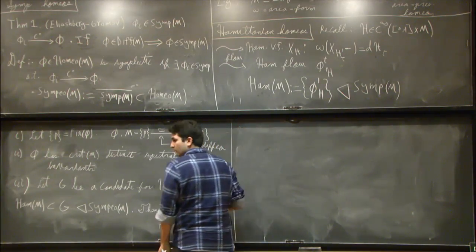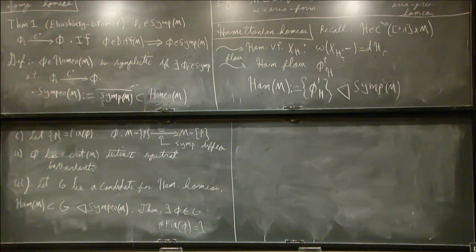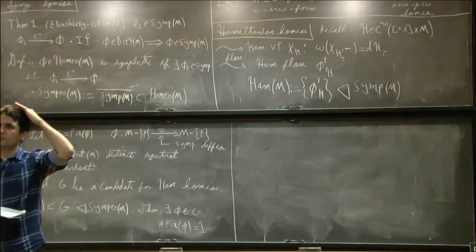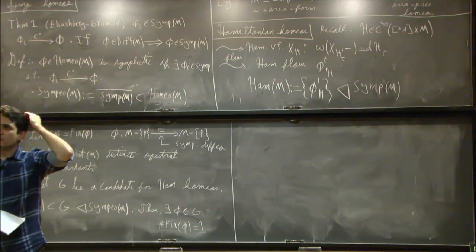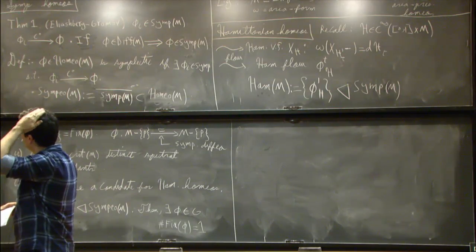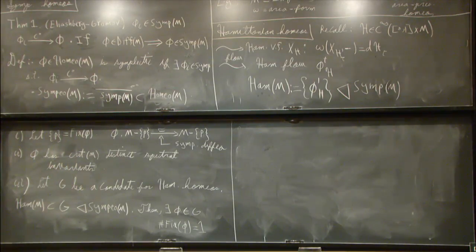So theorem. Question for you. Does this theorem explain what you were referring to earlier when you said that with the original definition of Hamiltonian homeos, there are no results in dimensions 4 and higher? No. The original definition, which I presented as a preliminary definition of Hamiltonian homeos, was just to take the closure of Hamiltonian diffeomorphisms.